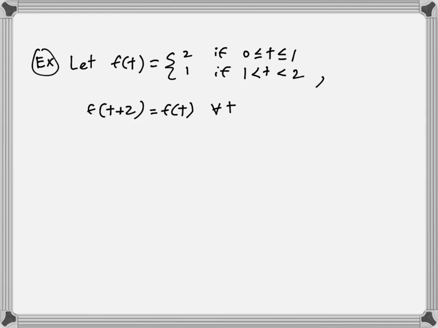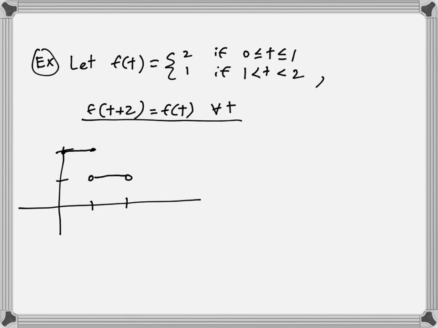So what does this graph look like? Well, it's switching off between 2 and 1. So if this is 1, 2, and this is 1, 2, we're going from here to here, and then from here to here. But because of this repetition, it's going to keep repeating, and this goes in the other direction too.